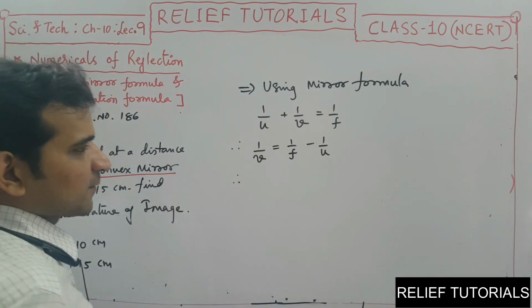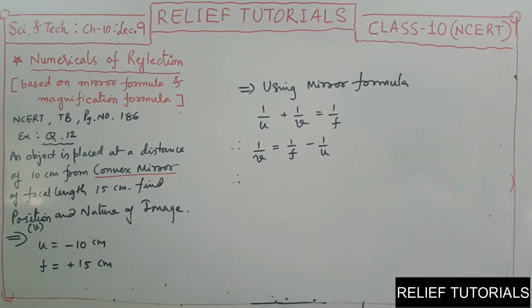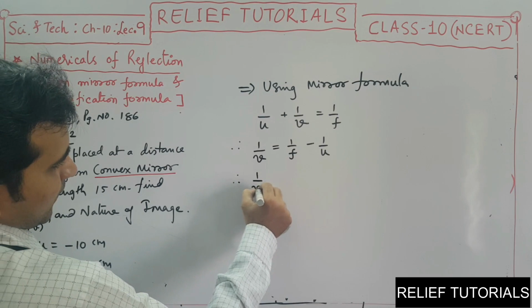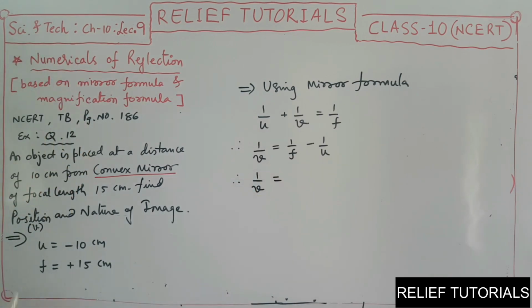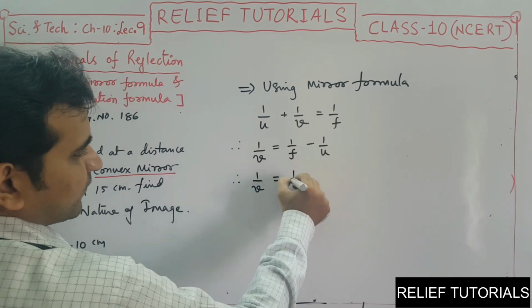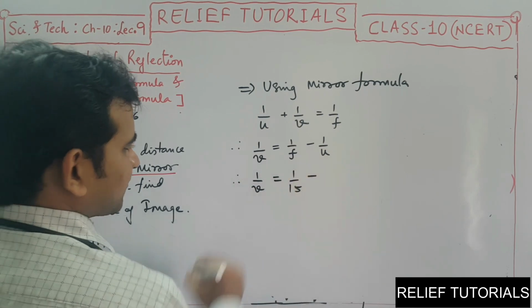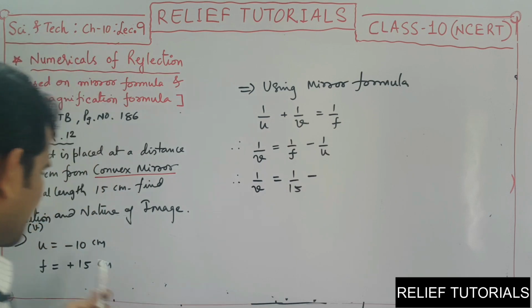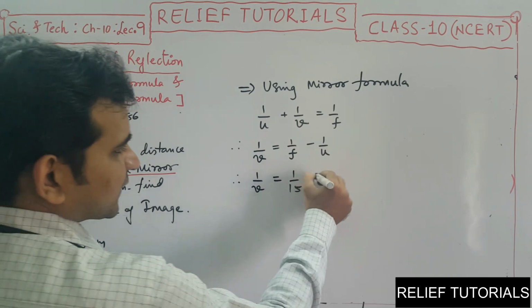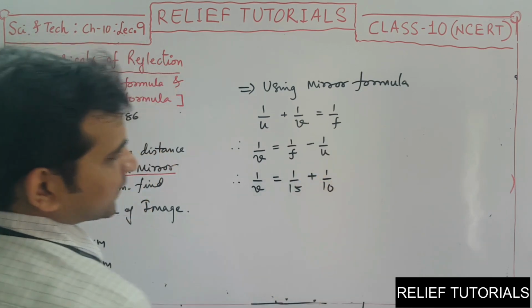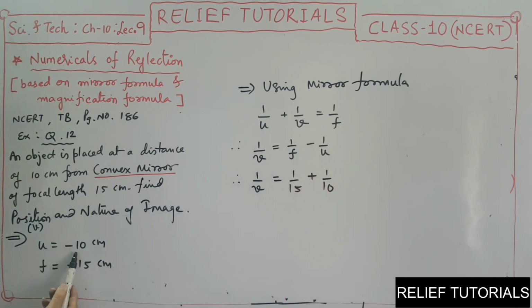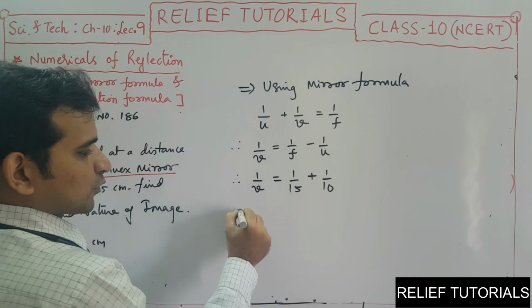So 1 by v is equal to 1 by 15 minus 1 by minus 10, so it will be minus minus plus 1 by 10. One minus sign is from the formula and one minus sign is from the value of u.